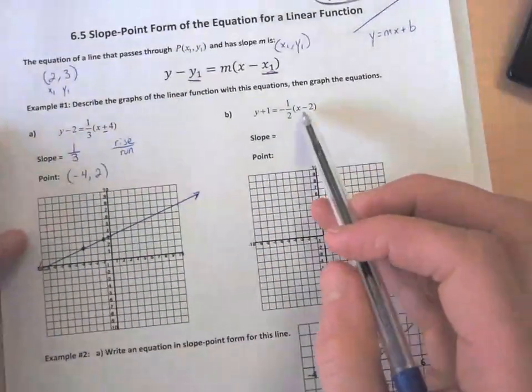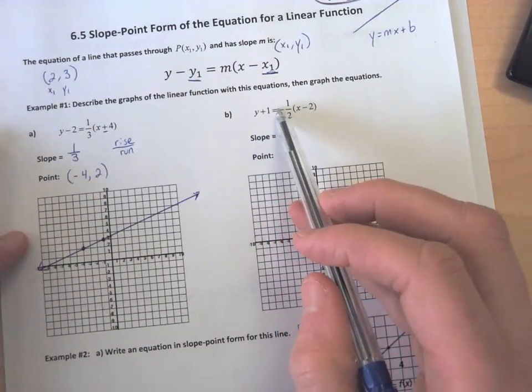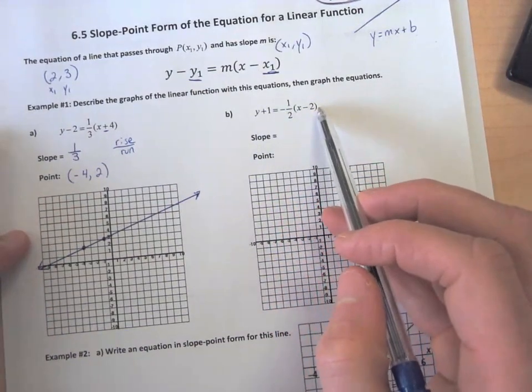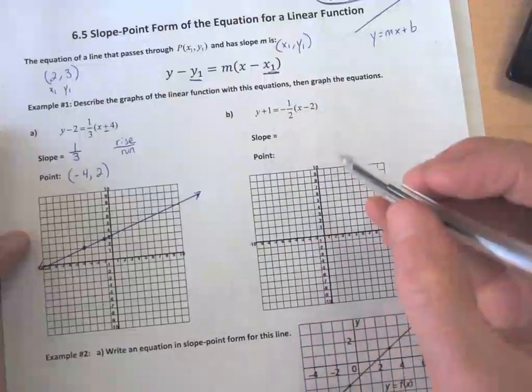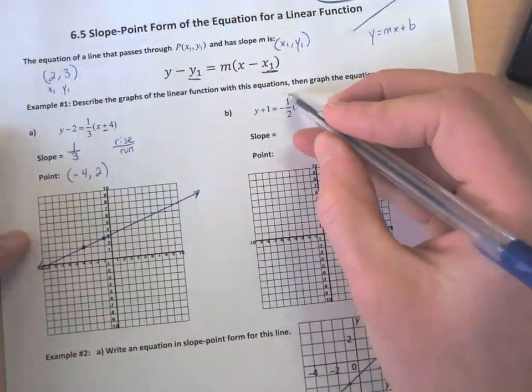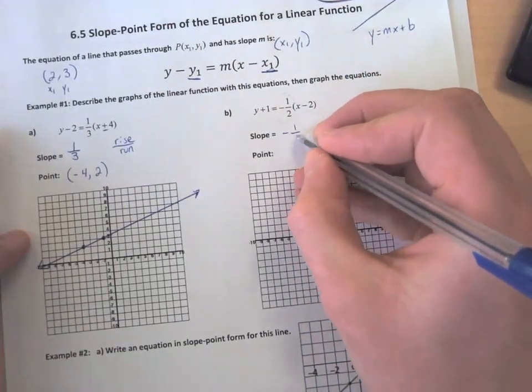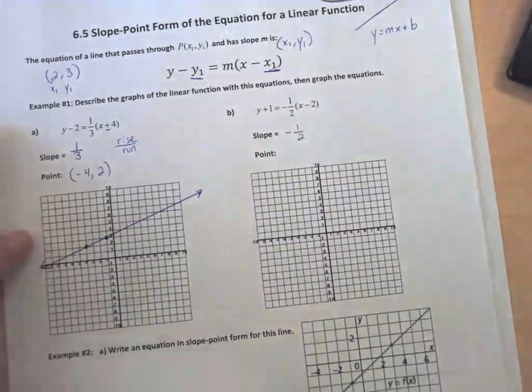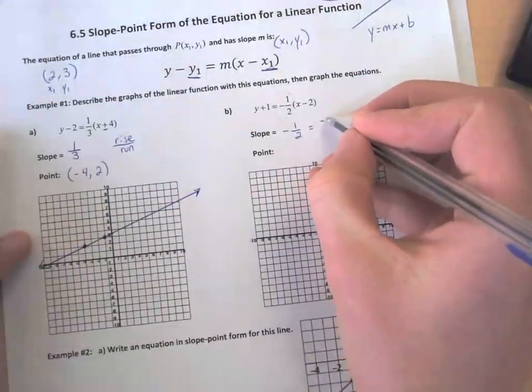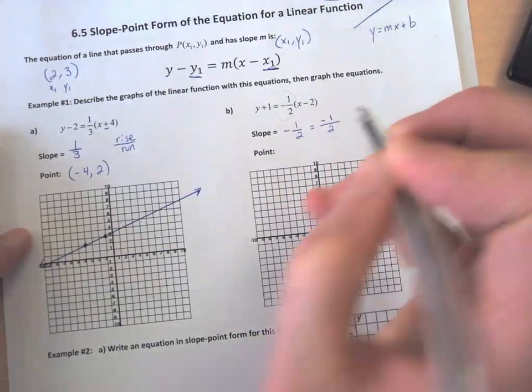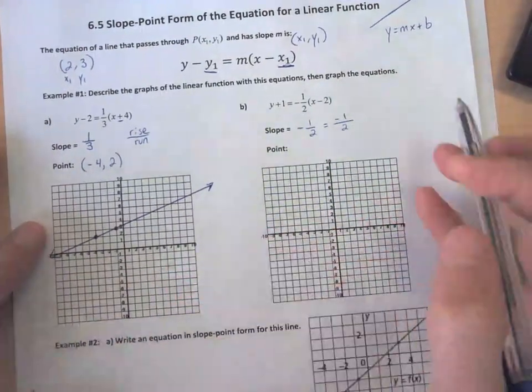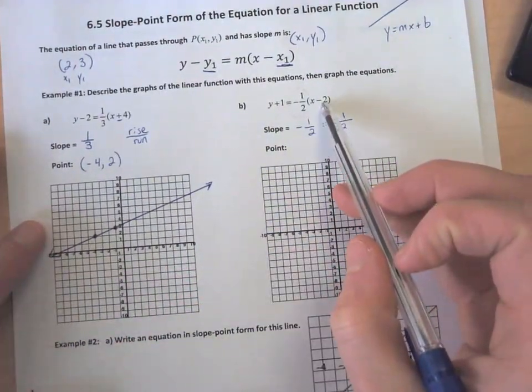All right, so here's another question. y plus 1 equals negative 1/2 (x minus 2). Okay, so our slope, again, is just our m value. It's this value here, so it's negative 1 over 2. Generally when I have a fraction like that, I put the negative up on the top, and I put the 2 on the bottom. Our point is you take the opposite sign of both these numbers.